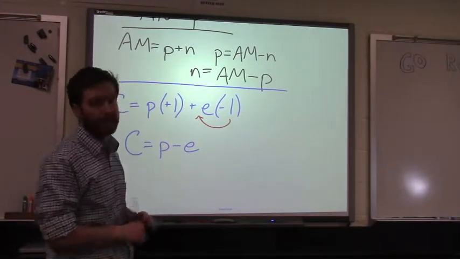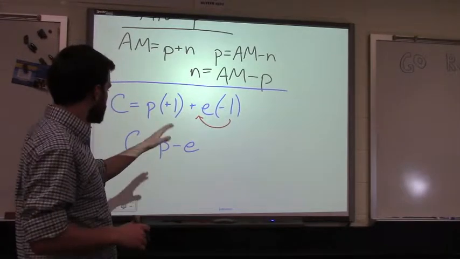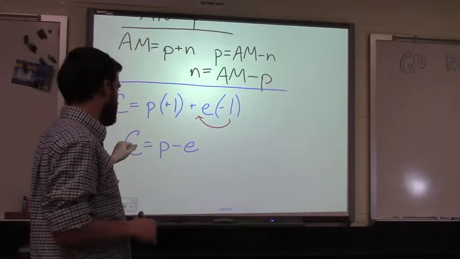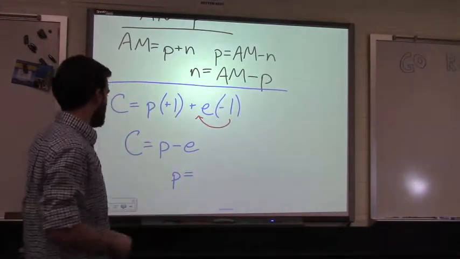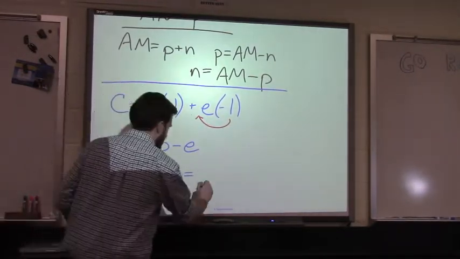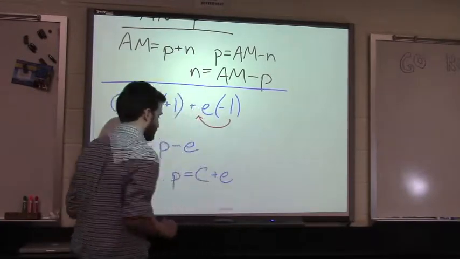So if I were to rearrange this equation, I'm going to add E to both sides. P equals charge plus the number of electrons.